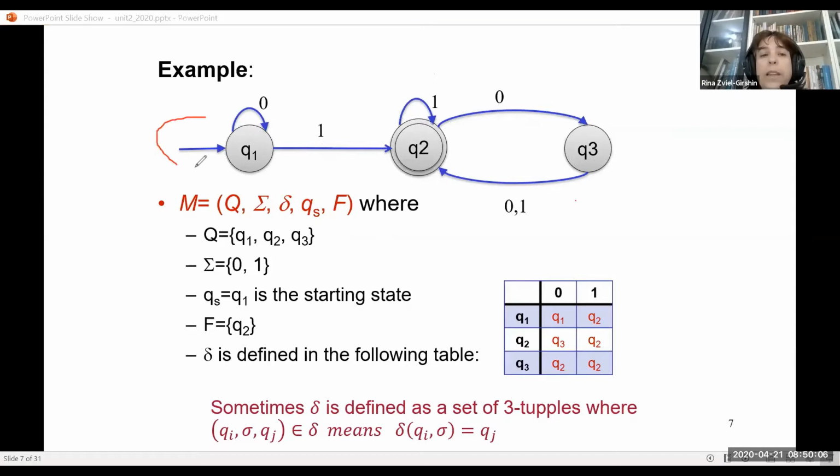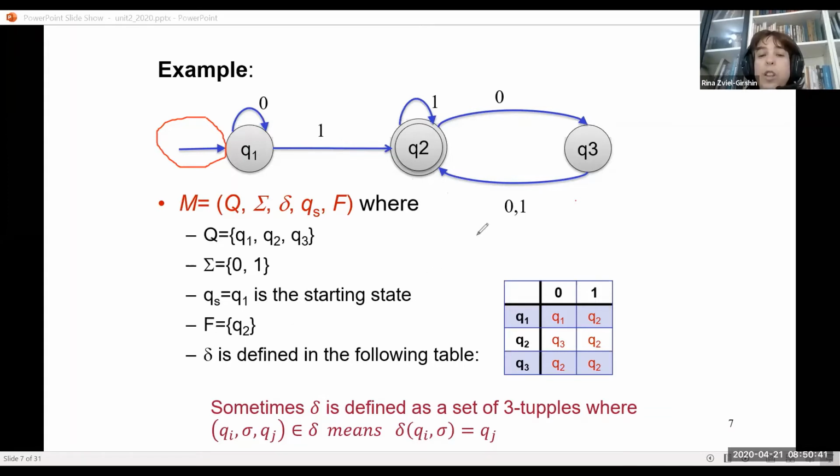So if sometimes you don't know which state is the starting state, you just have to look at your state diagram and find the state with the arrow entering it. This way, you know that it's the starting state. So in our example, QS is Q1. The accepting states we mark with double circles. So in this automaton, Q2 is an accepting state.